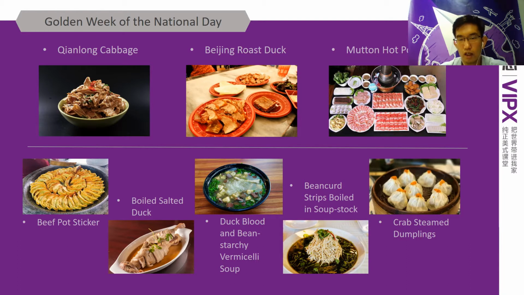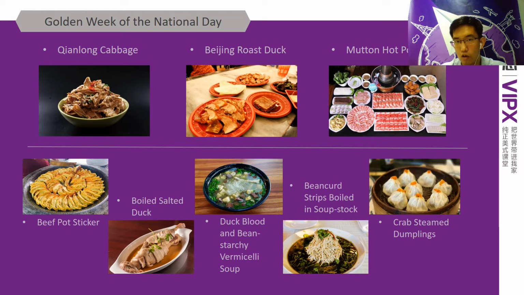For the lower part, we can see some representative dishes of Nanjing city, such as the beef pot sticker, boiled salted duck, duck blood and vermicelli soup, and bean curd strips boiled in soup stock, as well as crab steamed dumplings.